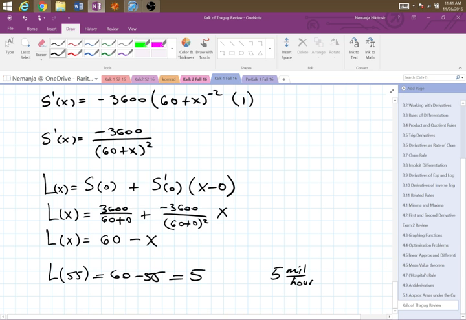Which it should put you at ease, right? Because that is actually what we do. If you walk a mile, it should take you about 20 minutes.